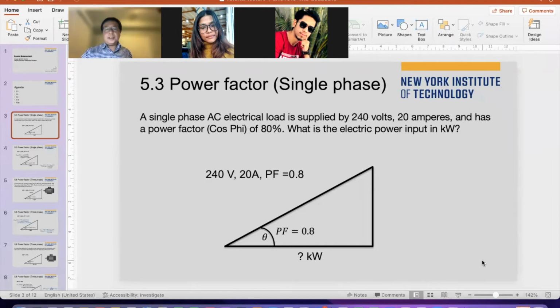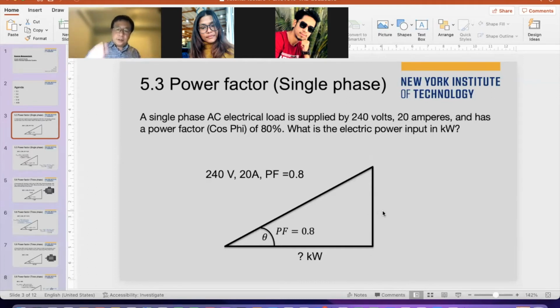The horizontal one is called the active power or real power. It is the power which is directly applied to the machine, to the appliance, and it is the energy supplied to the machine to give you the work done.